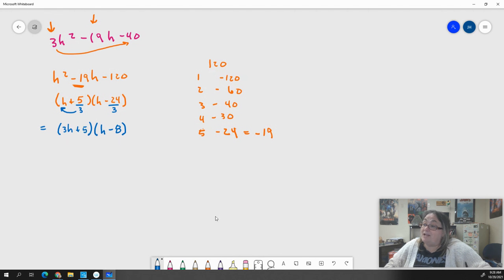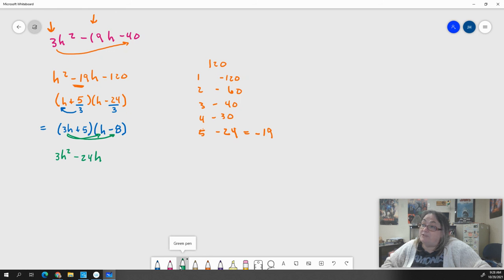And if we wanted to check those, which we will this time just to show you this thing completed through and checked, I'm not asking you to check these in your work. I just want you to understand how you can. So here we would go 3h times h, and we'd get 3h squared. And we go 3h times negative 8, and we get negative 24h.